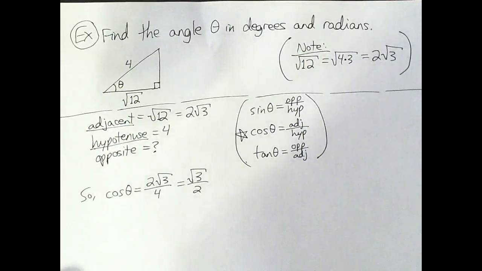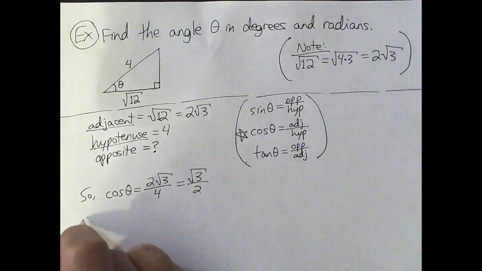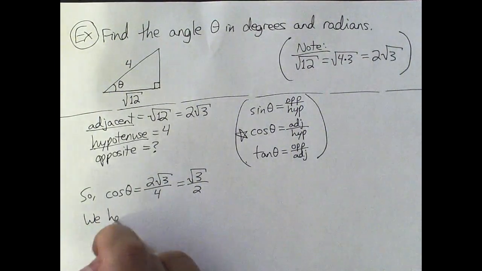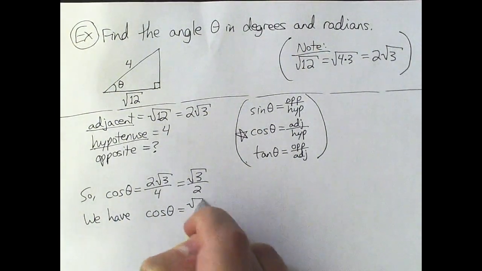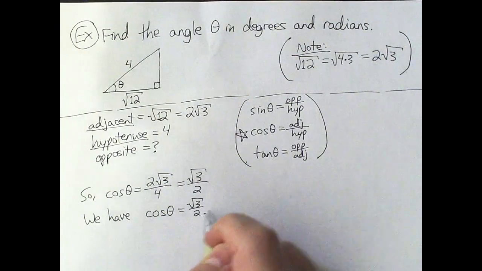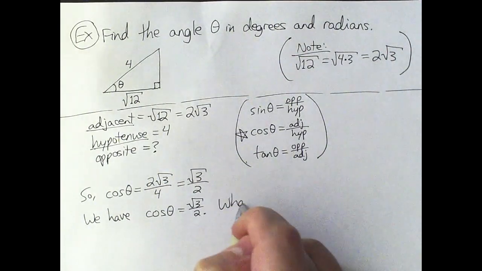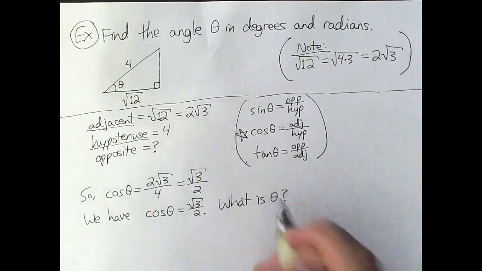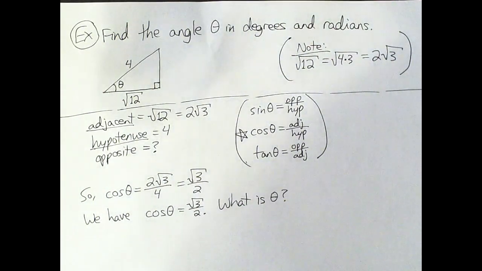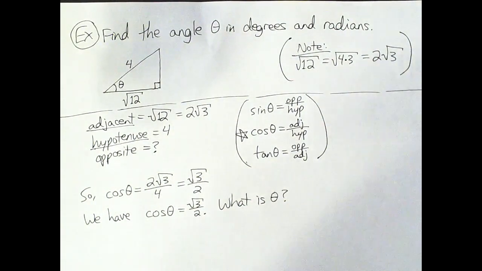Now, that's not what the question asked us for. The question asked us to find theta. So we have, so far, that cosine of theta is the square root of 3 over 2. And we want to know what is theta. This is a perfect question for inverse trig, in particular, inverse cosine.